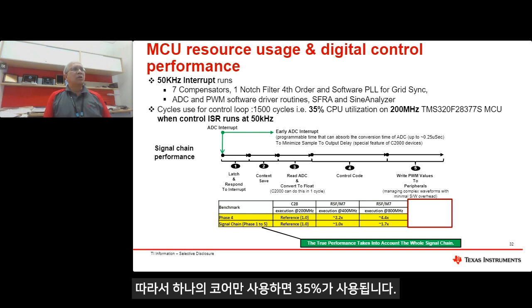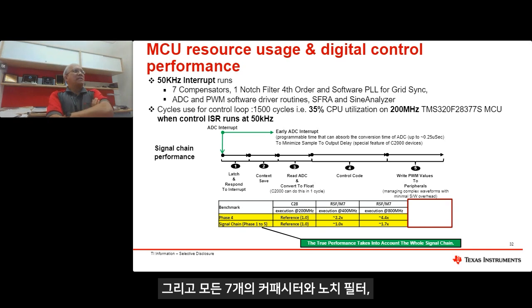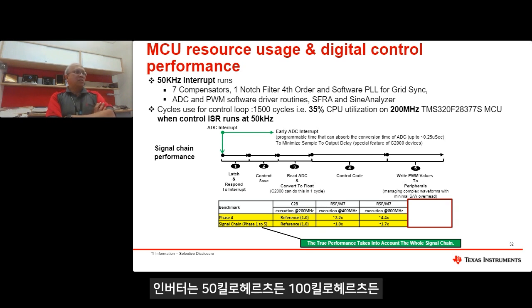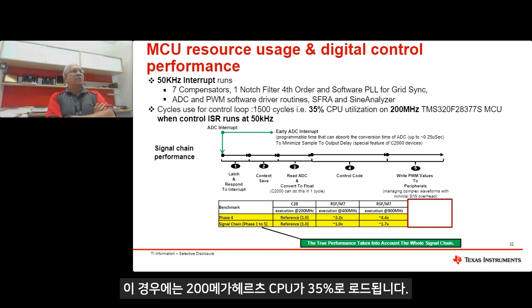So using only one core, 35% is used, and all these 7 compensators, notch filters and PLL have been implemented while the control is running at 50 kilohertz. So if the inverter is at 50 or 100 kilohertz, the calculation can go on at the 50 kilohertz rate, and the 200 megahertz CPU is loaded 35% in this case.